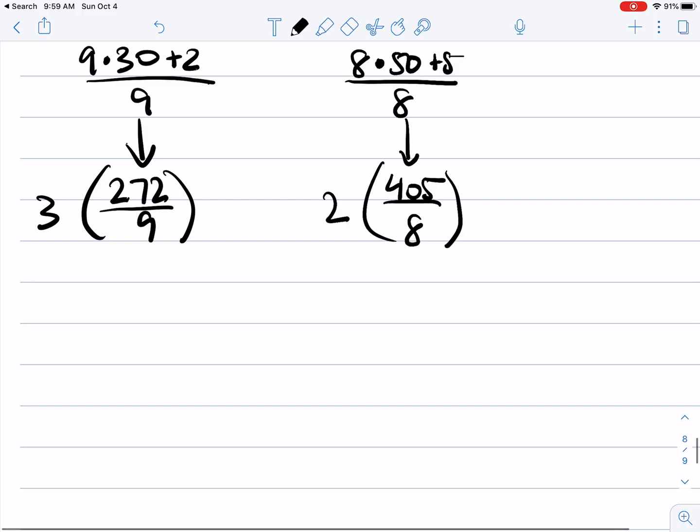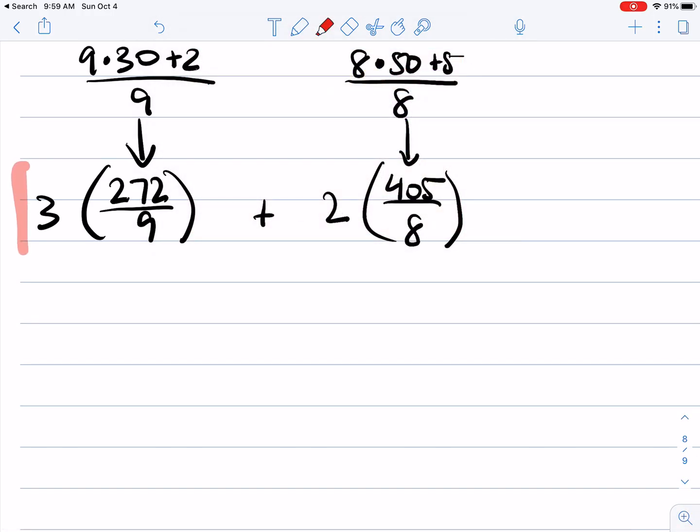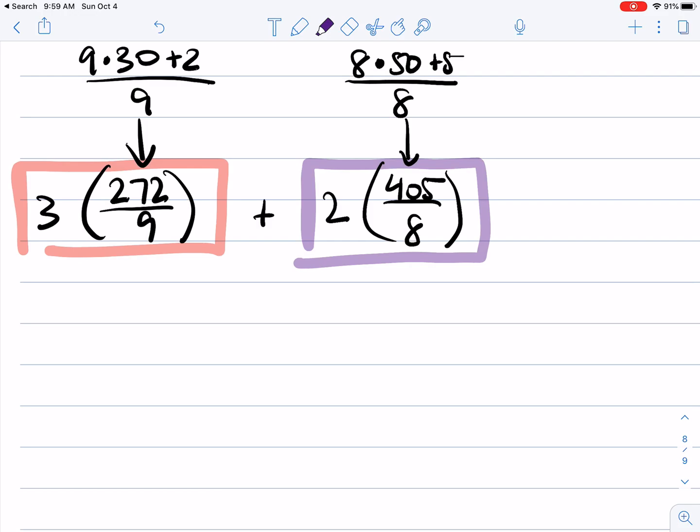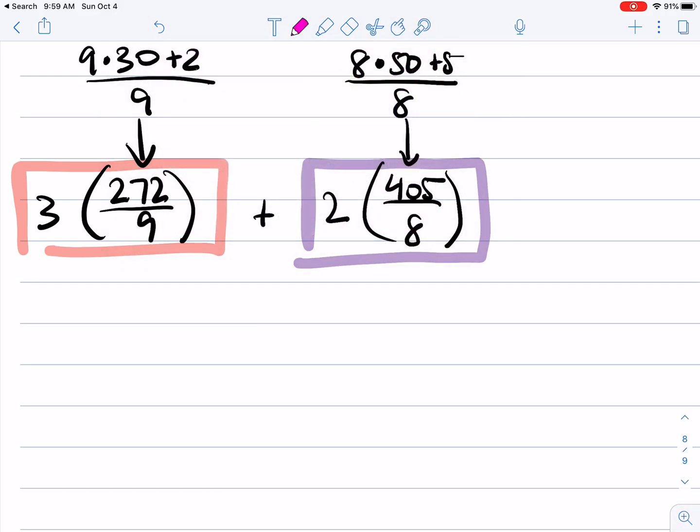Okay, so now we have this problem. These are our red fences, and these are our purple fences. Okay, I'm going to do one at a time now. I'm going to change my whole numbers into fractions.